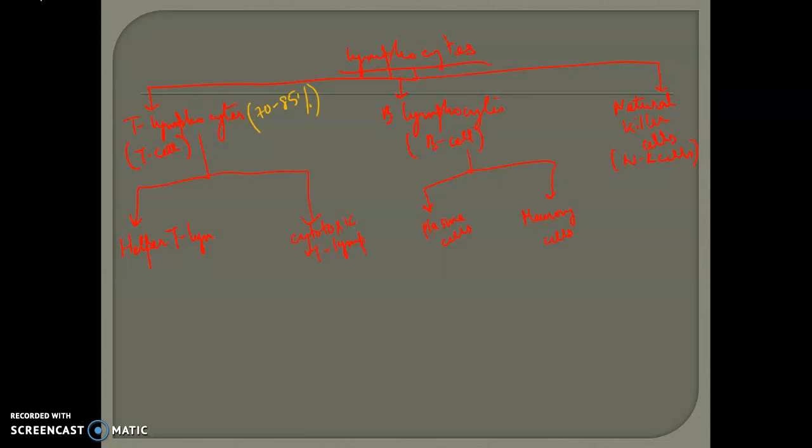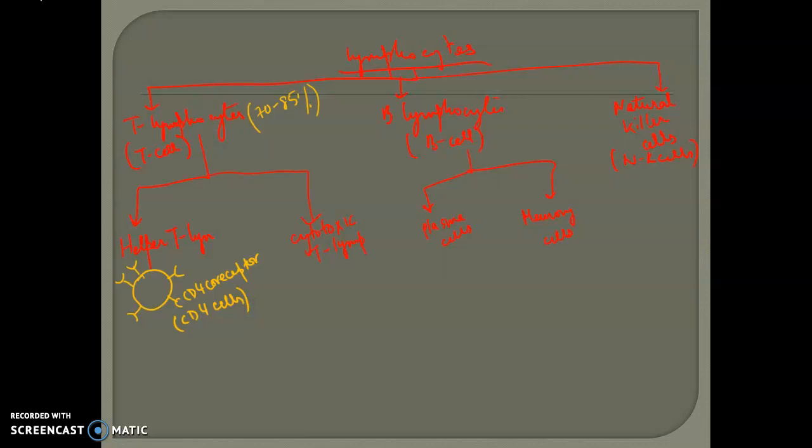Helper T cells have a specific receptor on the surface, and these receptors are called CD4 co-receptors, and that is why helper T cells are also called CD4 cells.